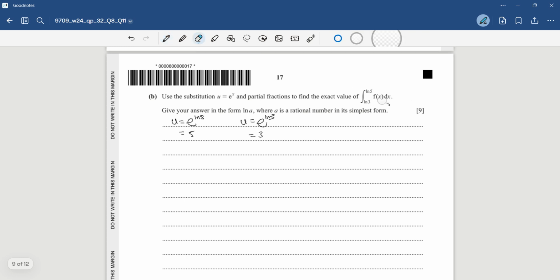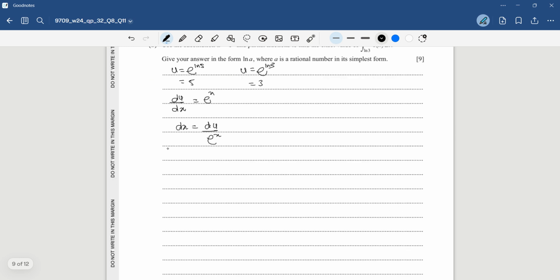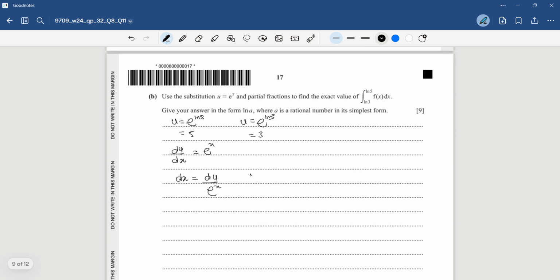Okay, and then my du over dx will be e^x. Therefore, dx equals du over e^x. Therefore, I just do here the integral from ln 3 to ln 5 of f(x) dx.